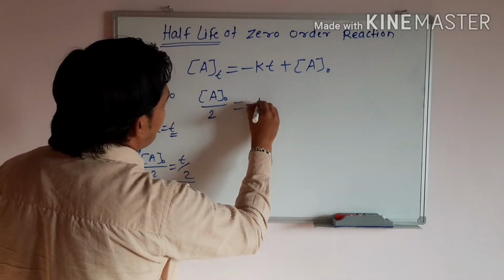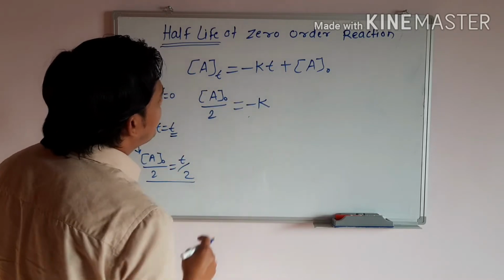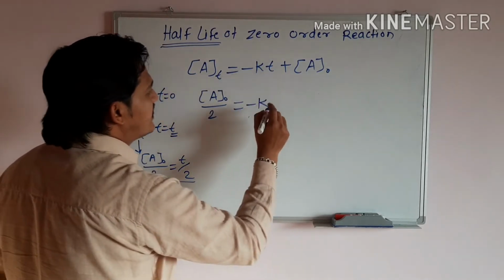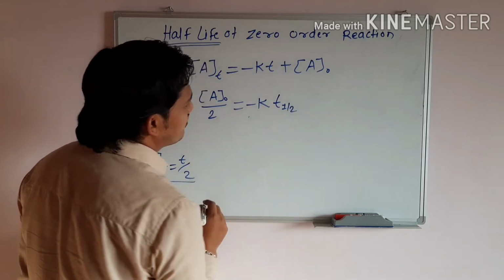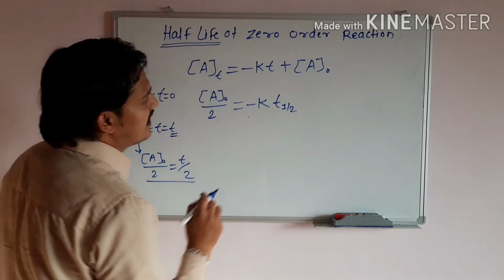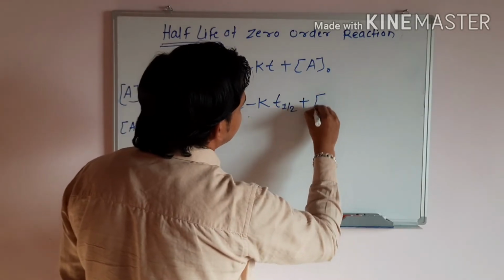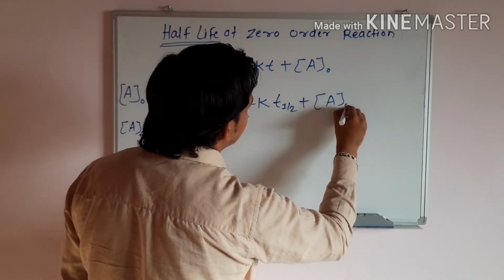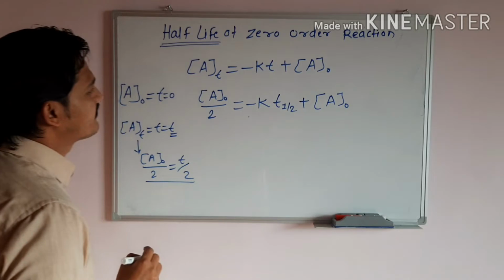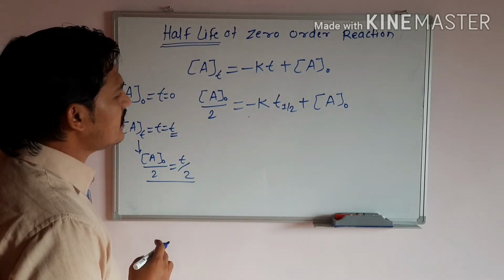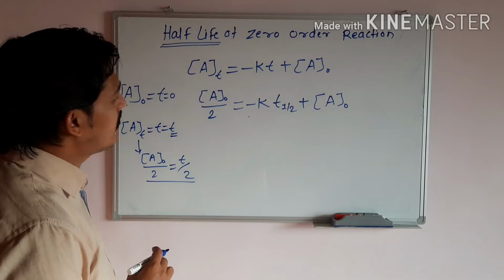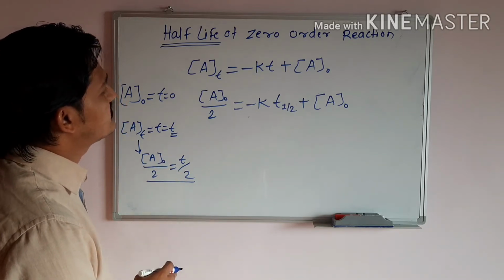Is equal to minus k. Already I am taking minus k. T, I am not writing T here. I am writing t1/2 because time must be half. Plus A0, the initial concentration, so nothing will change. Okay, so how can I express my next step?